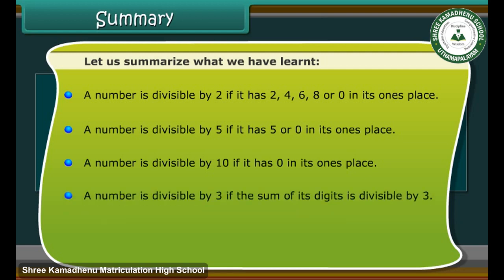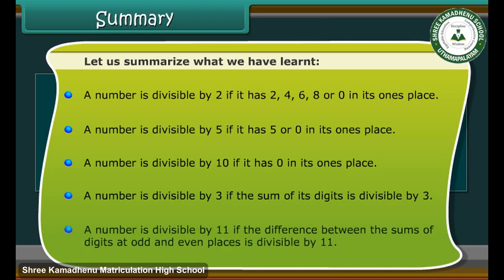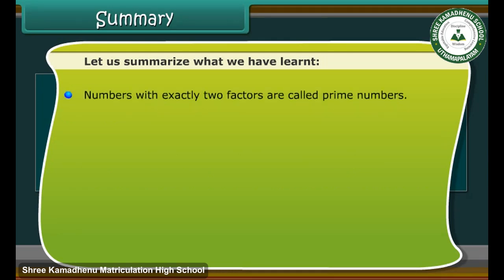A number is divisible by 3 if the sum of its digits is divisible by 3. A number is divisible by 11 if the difference between the sums of digits at odd and even places is divisible by 11. Numbers with exactly two factors are called prime numbers.